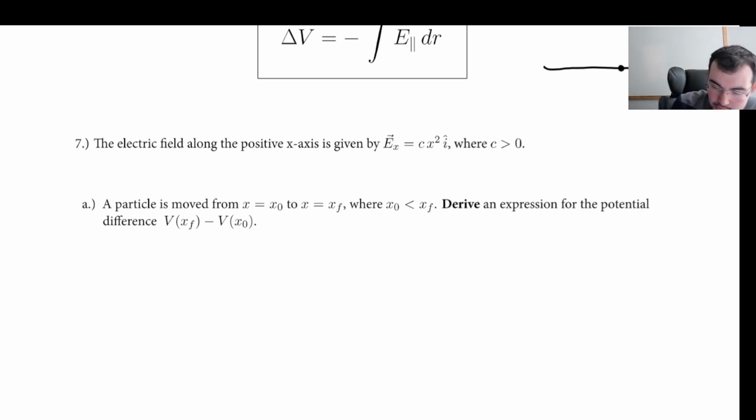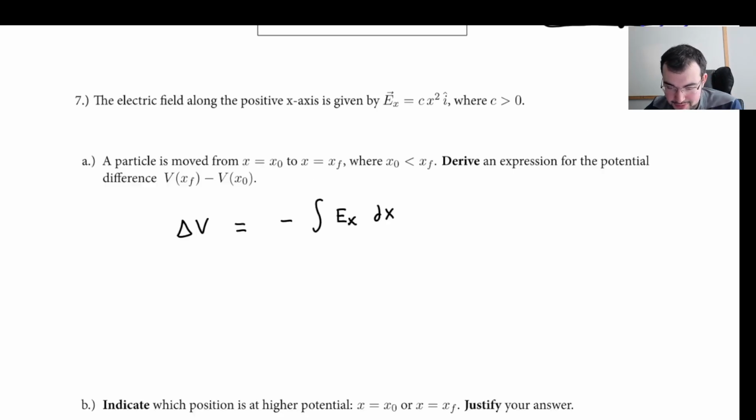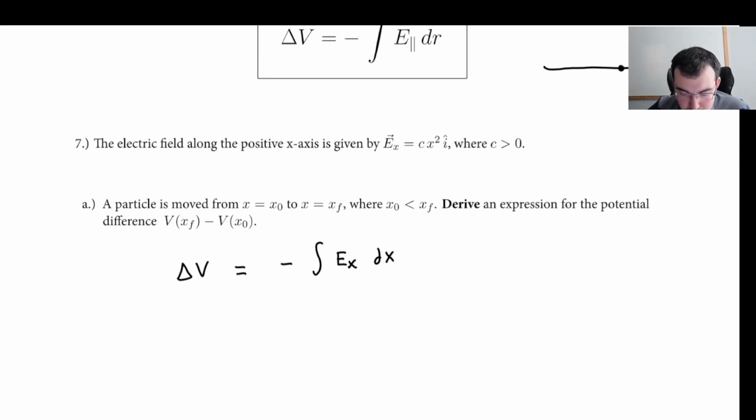All right, so the definition of potential difference from field just says we take the negative of the E field integral, and I always like not just calling it delta V. I always like saying what points we've traveled to and from. So we're moving from x0 to xf.